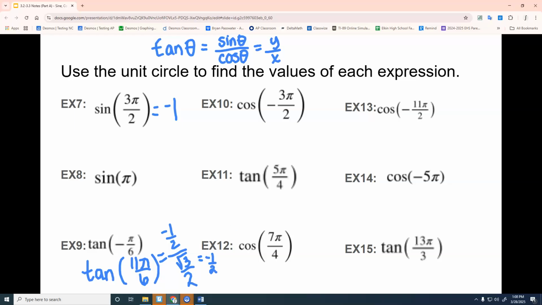So I'm going to flip the second and multiply. These 2's right here can cancel. I get negative 1 over root 3. It also won't let us leave it like that because you've got a square root in the denominator. So you would multiply by square root of 3 on top and bottom. And we get negative square root of 3 over 3. That goes with 9, not 12. I ran out of room.